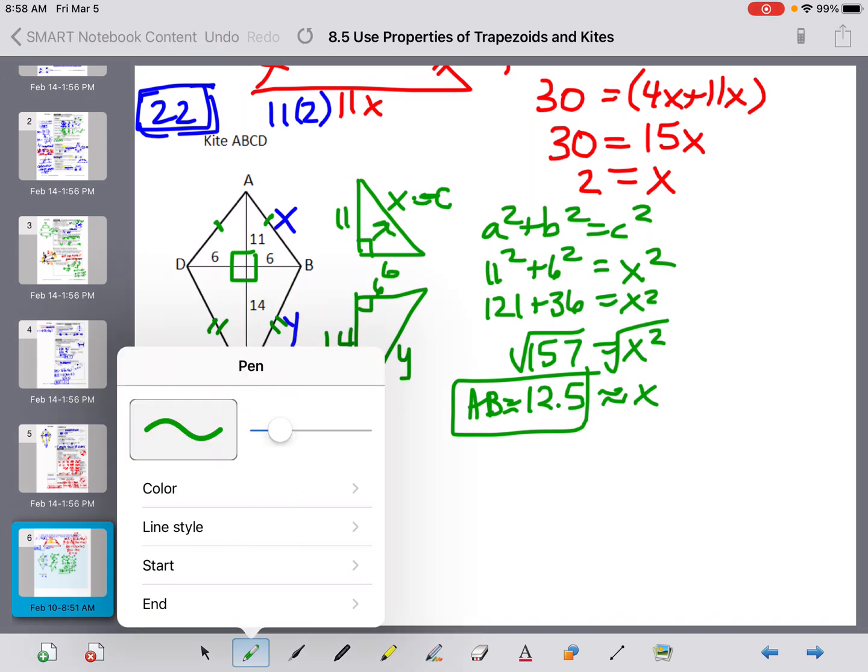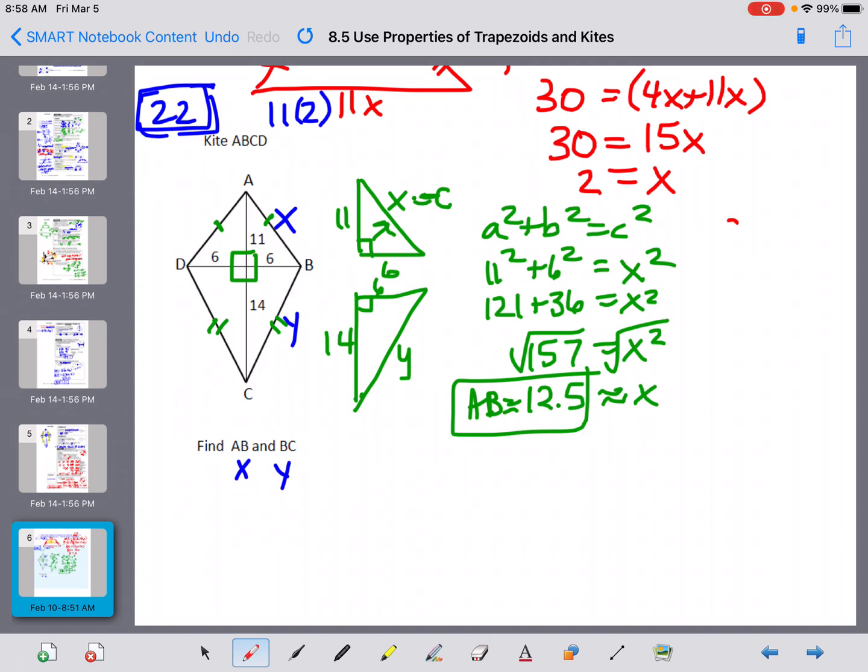All right, let's go on and find my y. Down here on the bottom triangle, another a squared plus b squared equals c squared. This time my c has to be across from the right angle, so this time it's a y. And I get a 6 squared and a 14 squared. Where they go, it doesn't matter. They'll get the same job done. 6 squared is 36. 14 squared is 196.